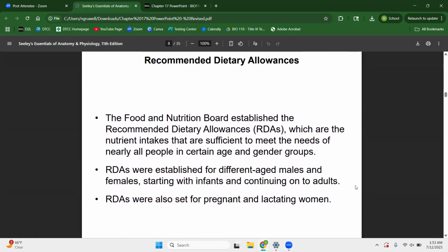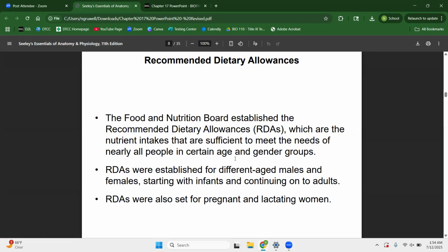Okay, our recommended dietary allowances. RDAs, recommended dietary allowances, are the nutrient intakes that are going to be sufficient to meet the needs. And these are not just across every person. This is going to change based on age and sex.